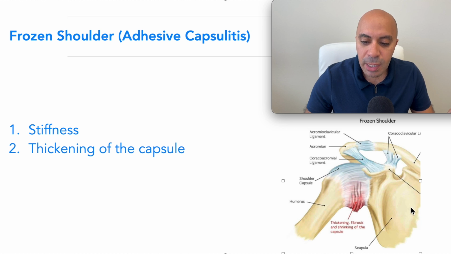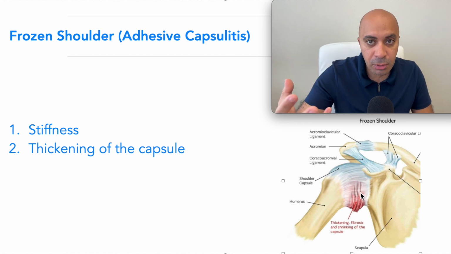You have the scapula here and the humerus bone here, and this is the area where you might have frozen shoulder, adhesive capsulitis. This is a capsule that attaches the humerus head to the scapula, and when you have frozen shoulder, you start to have fibrotic tissue thickening in this area of the capsule that prevents the range of motion.